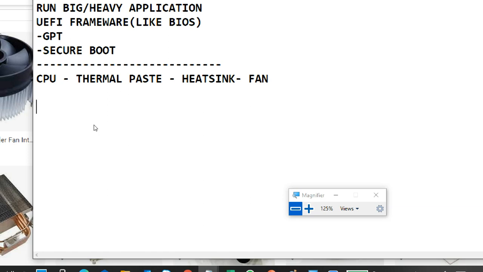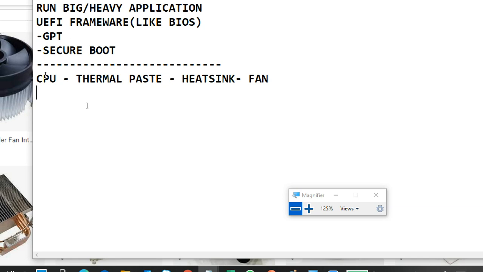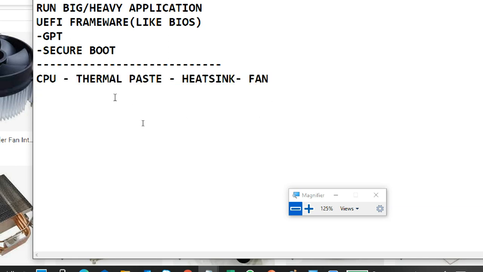So what is the thing? If you miss your heat sink paste, the processor, the CPU, is getting heated, and the heat should pass through the heat sink and fan. If the heat sink paste is not there or not properly there, or it is cleaned, the heat won't go to the heat sink and then the fan.